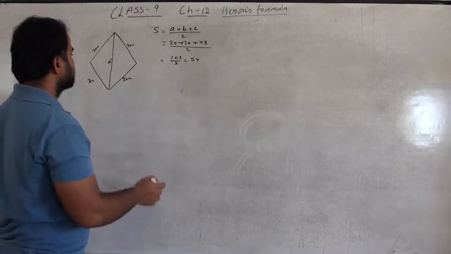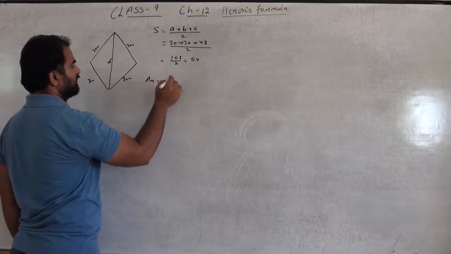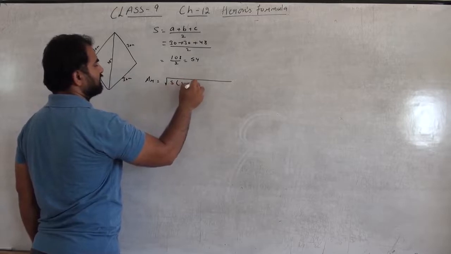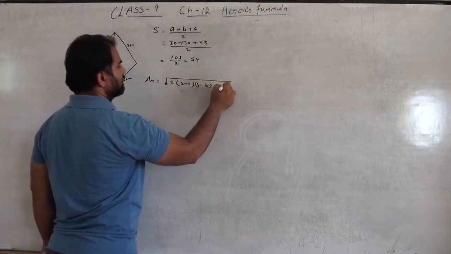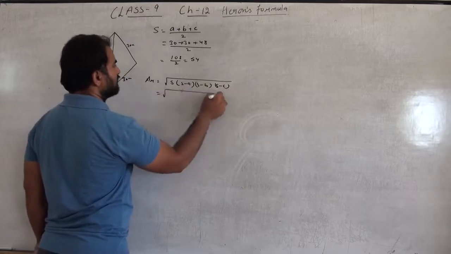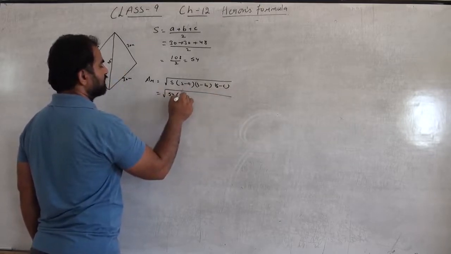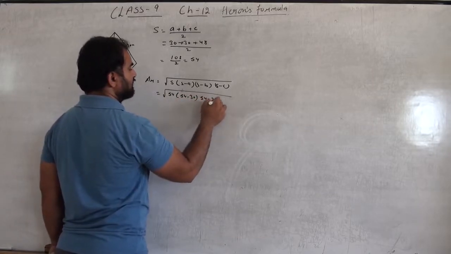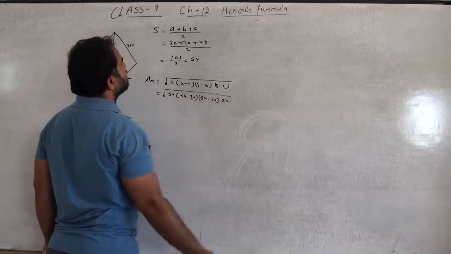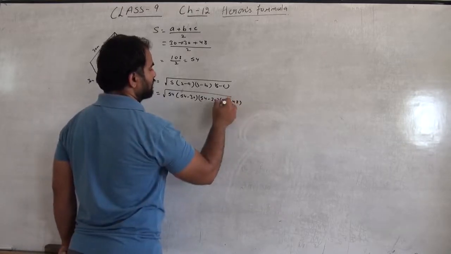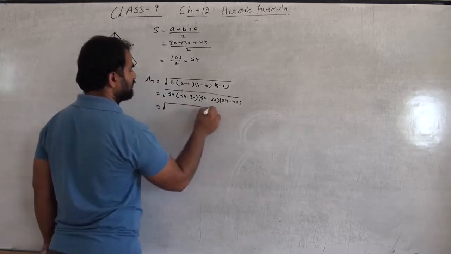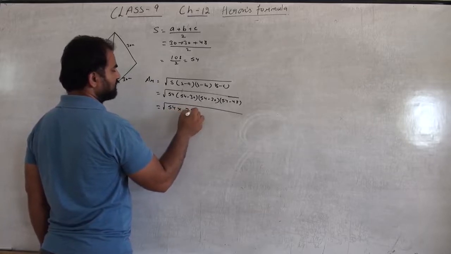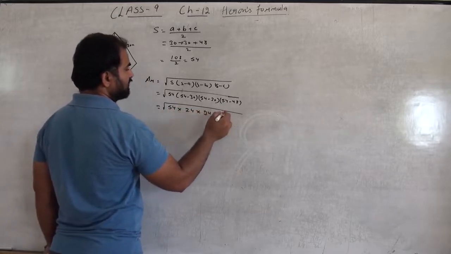Then area equals root of S into (S minus A) into (S minus B) into (S minus C), which equals root of 54 into (54 minus 30) into (54 minus 30) into (54 minus 48). So 54 minus 30 equals 24, again 24, and it will be 6.